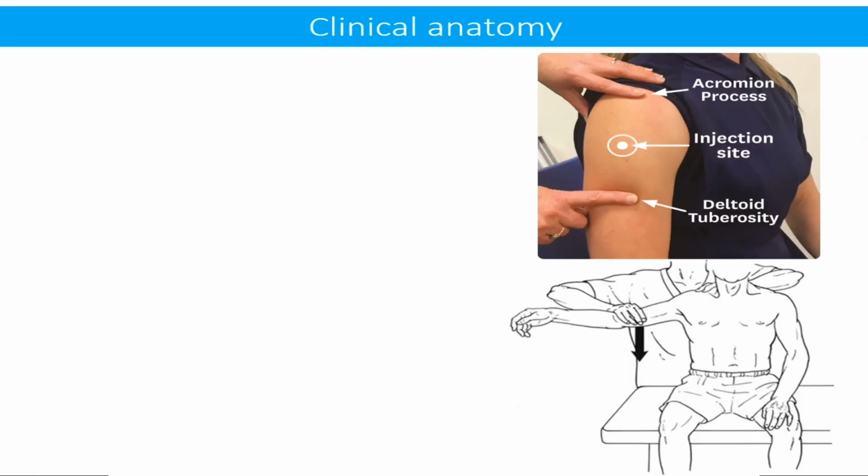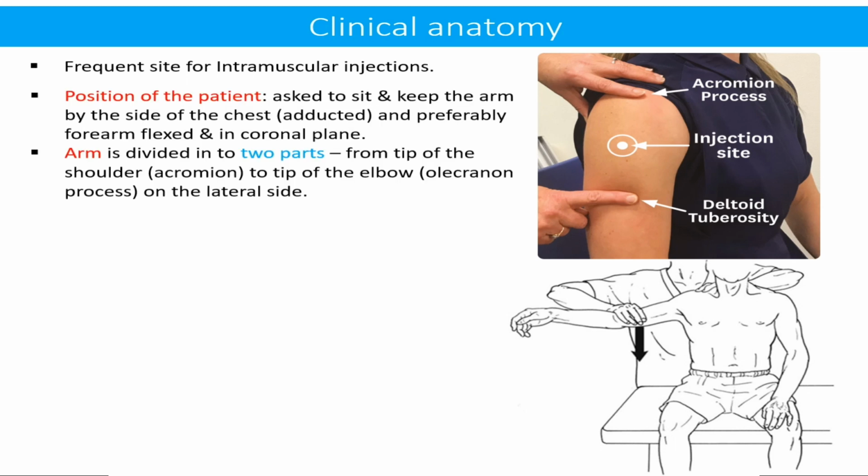As regards the clinical anatomy, the deltoid is a frequent site for intramuscular injections. How and where is this injection given? Patient is asked to sit and keep the arm by the side of the chest, that is adducted, and preferably forearm flexed and in the coronal plane.